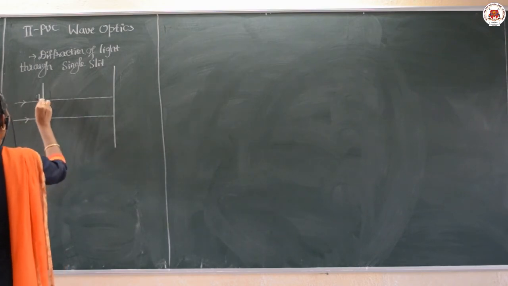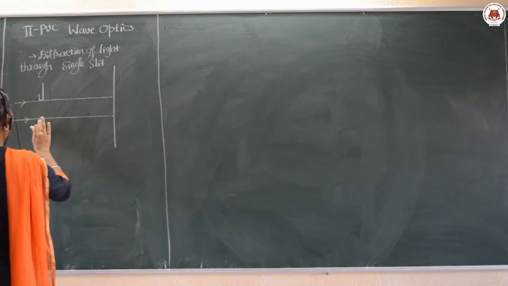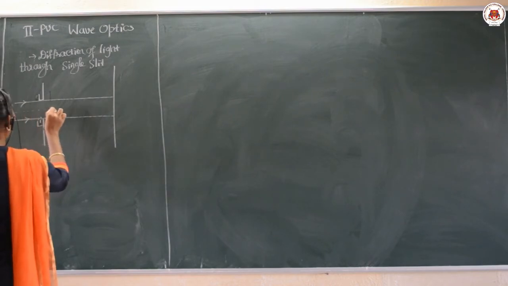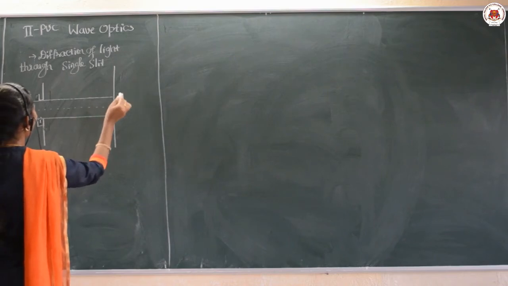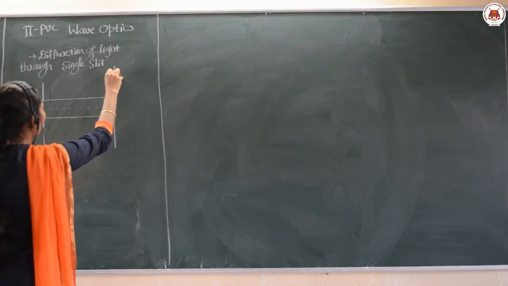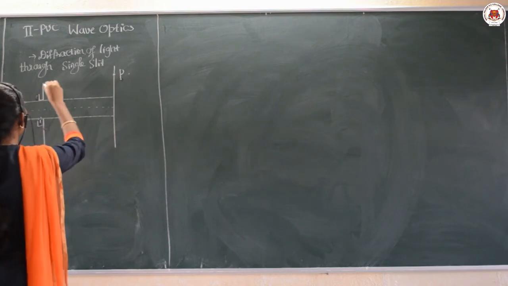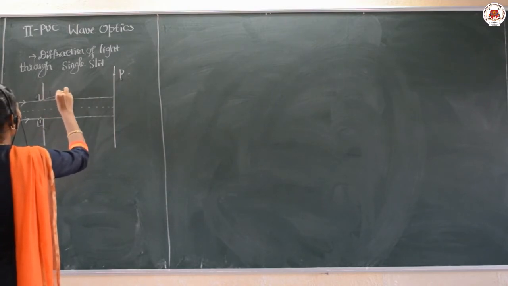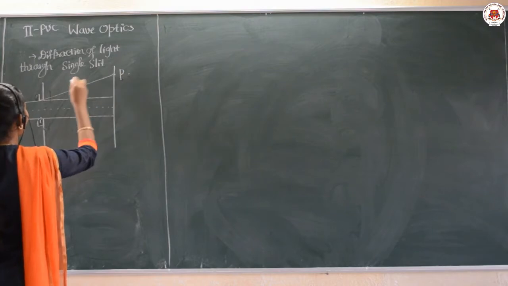Yes, I can take this L dash as the slit, which is having a width of A, right, and this is the screen here, and on the screen I consider another point called P, where the rays of the light may converge.